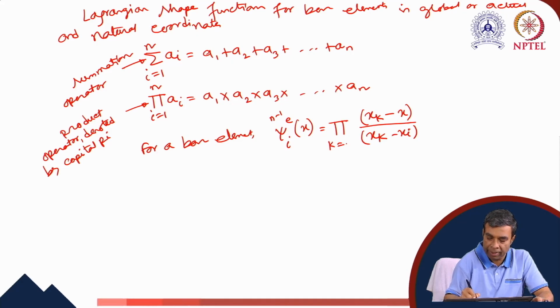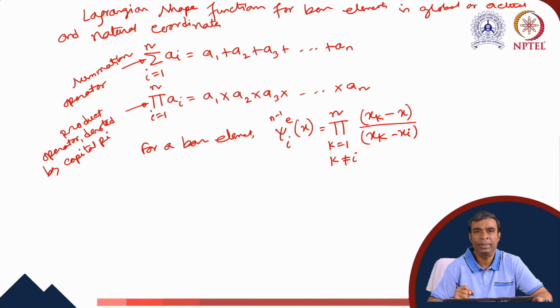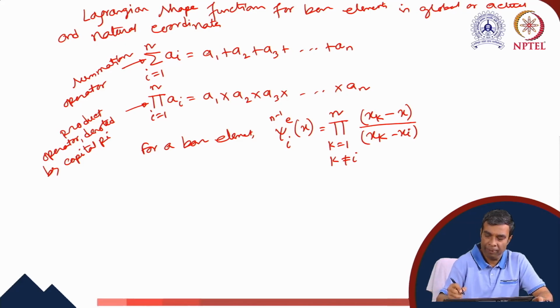Here k is varying from 1 to n such that k is not equal to i. So this is the basic definition of shape functions of Lagrangian type for one-dimensional bar elements.